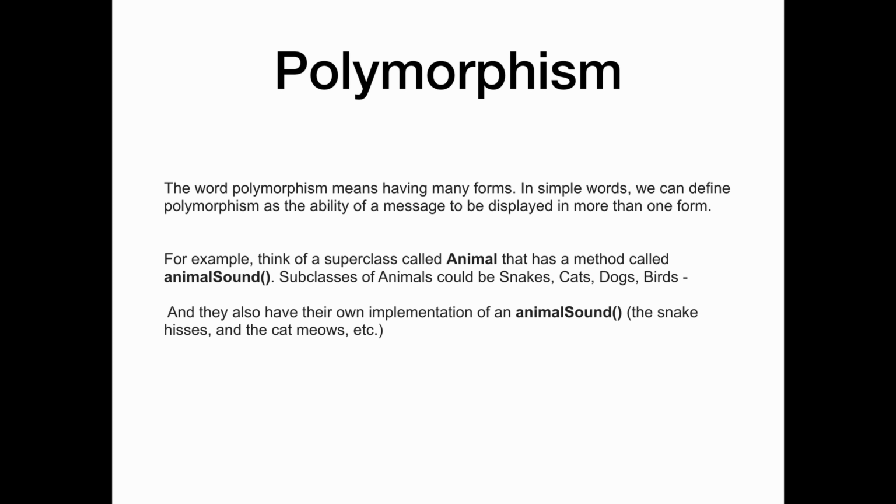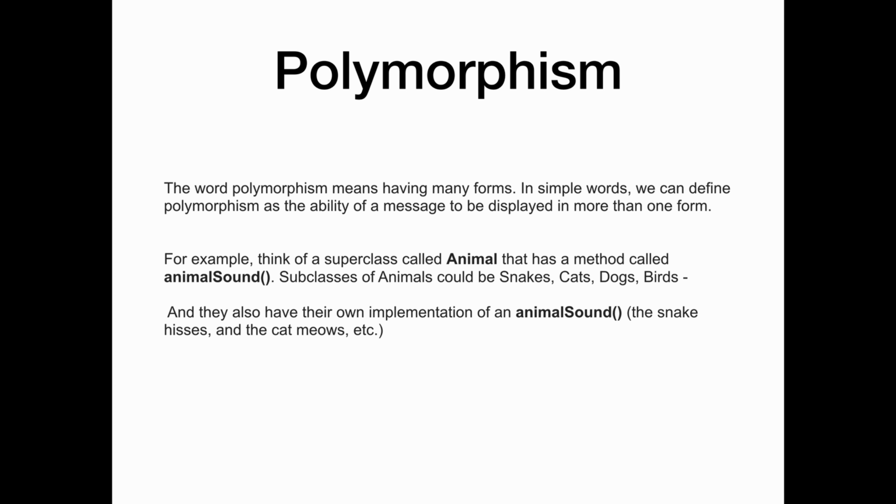Now I have other classes that inherit from animal. So let's say we have classes like snake, cat, dog, bird. They all inherit from animal. All these animals will have the implementation of animal sound.